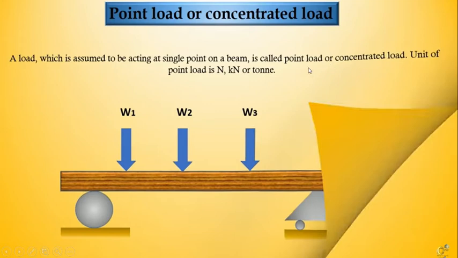Another name for point load is concentrated load. The unit of point load is Newton, kilonewton or ton. Once again, a load which is assumed to act at a single point on a beam is called a point load or concentrated load.